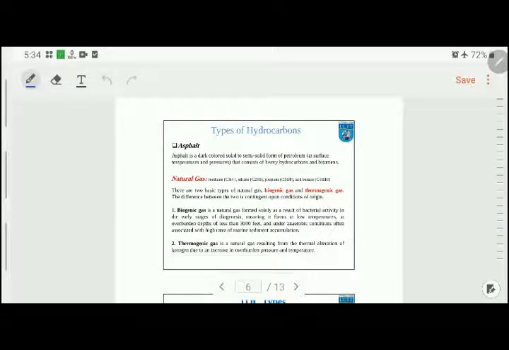Also we have the asphalt type of hydrocarbons, which is a heavy solid form of petroleum, dark in color, and it exists at surface temperature and pressure. It consists of heavy hydrocarbons, and there is also something called bitumen, which is the asphalt itself.